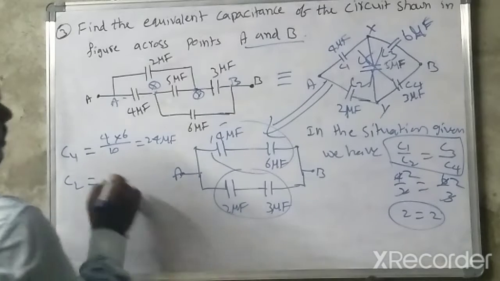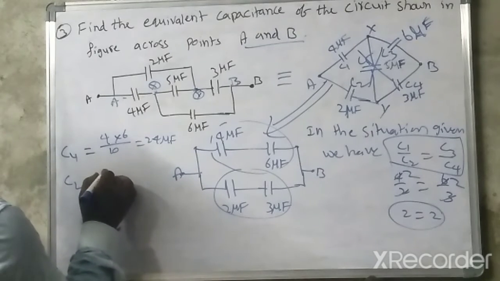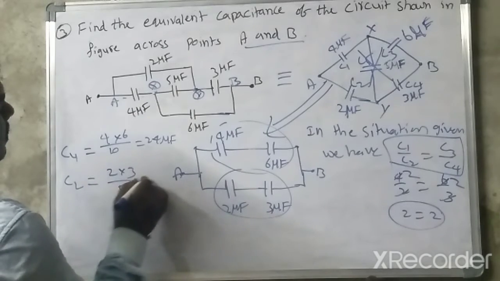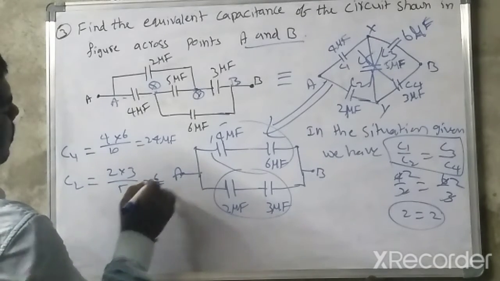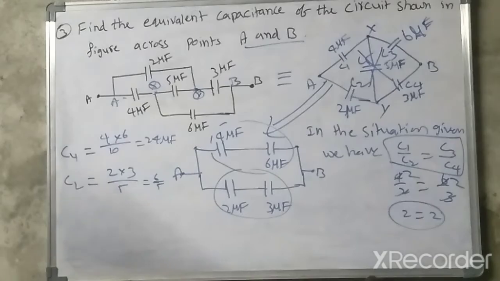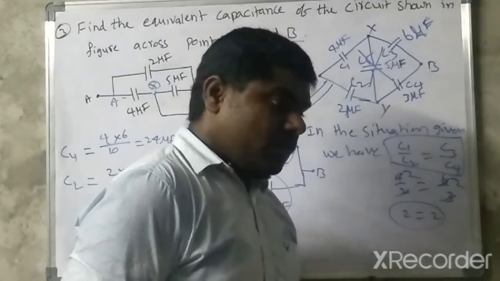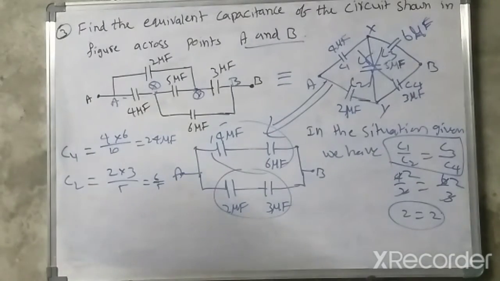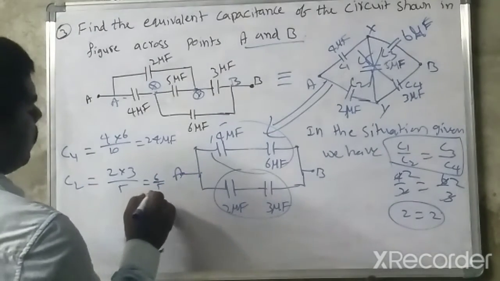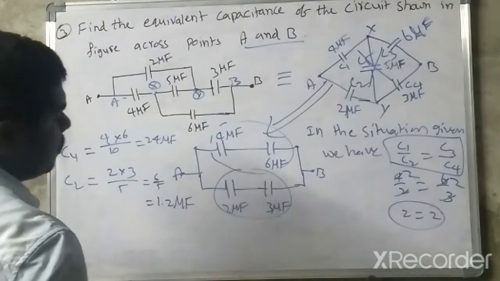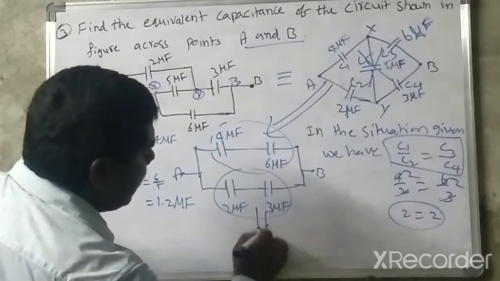Here these two are also in series connection. So 2 into 3 divided by 5, so total 6 by 5, which is 1.2 microfarad.